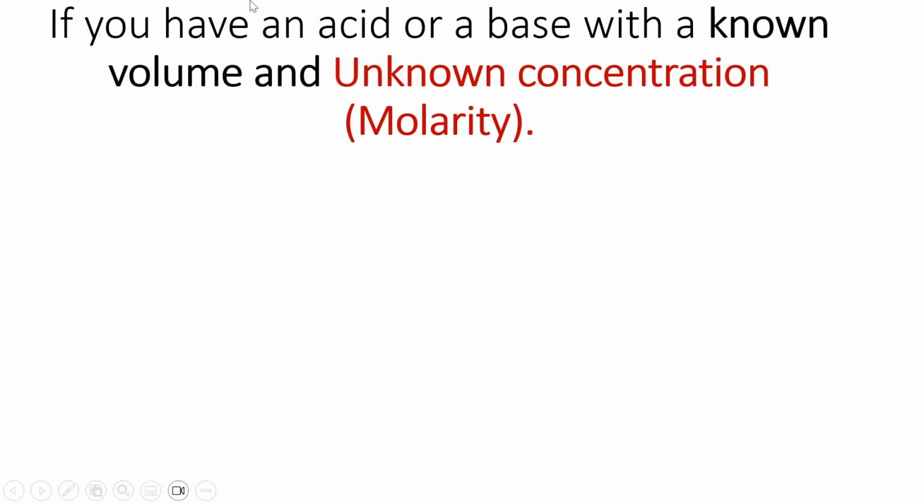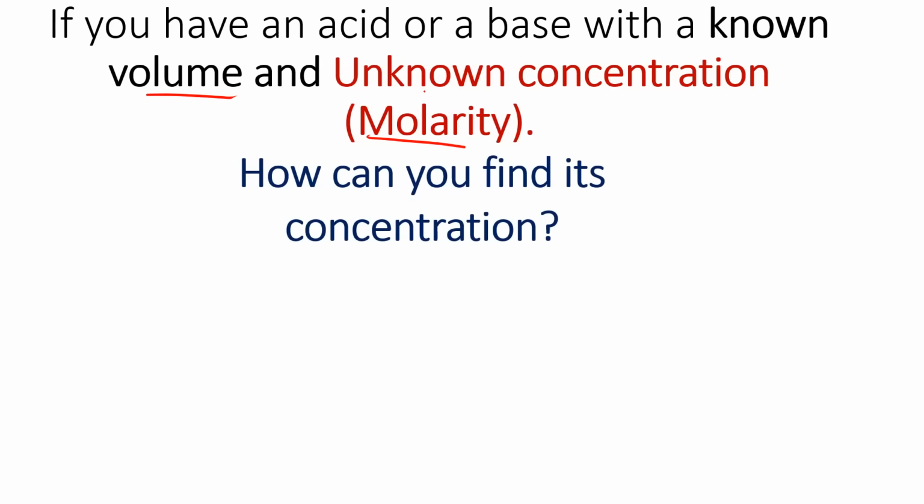So basically now, we know that acid-base reactions form salt and water. But if you have an acid or a base with a known volume and unknown concentration, molarity, how do we find it? How do we find the concentration?